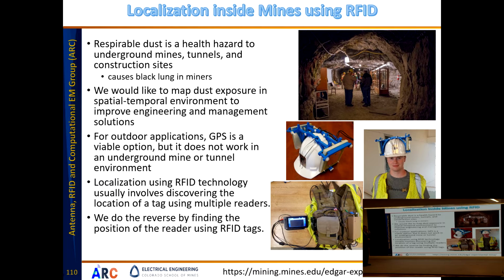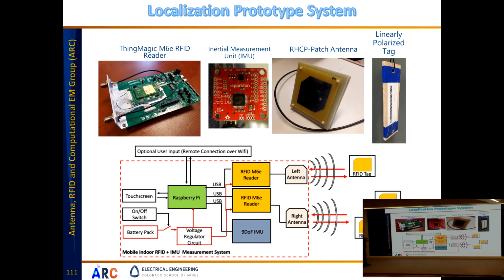We tested this system outside the mine and inside the mine, and these are the system components. You can see an image of the tag and of the antenna that has been designed. The tag is placed on a wooden holder here and hung in the mine at specific positions. This is the inertia measurement unit and RFID development kit.